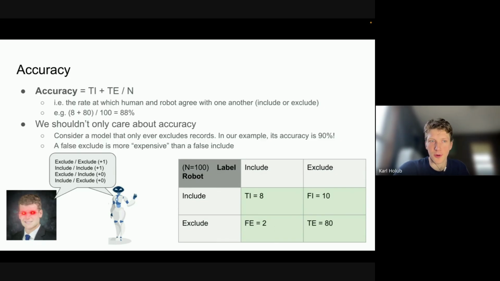Missing evidence is much more problematic to the outputs of the review than falsely including a record, which a human will eventually look at and say, this shouldn't be included, let's get it out of here. So there are two angles: accuracy doesn't always measure real performance of a model, and it doesn't consider the utility of a false exclude or a false include.